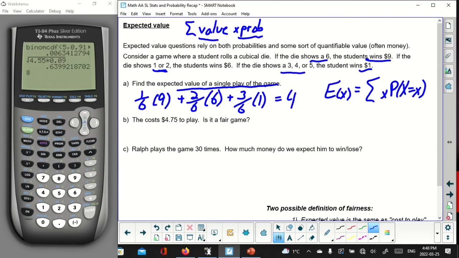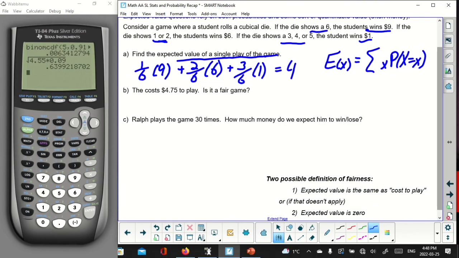This leads to ideas of fairness. So the game costs $4.75 to play. Is it fair? There are 2 definitions you can take for fairness: that the expected value is the same as the cost to play, or that the expected value is 0 if there's no cost to play.